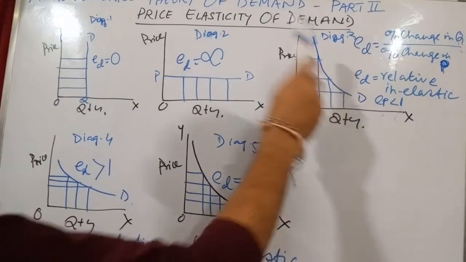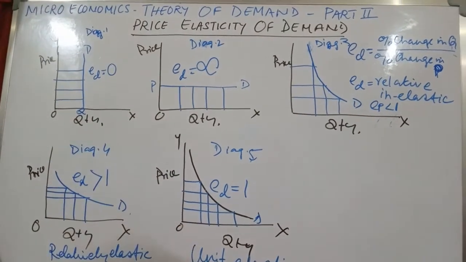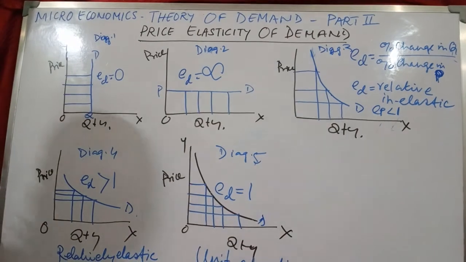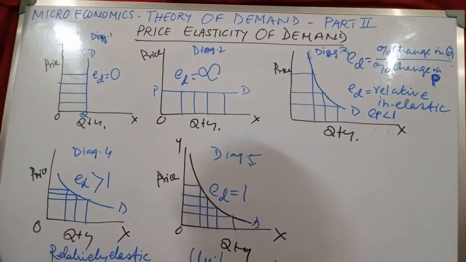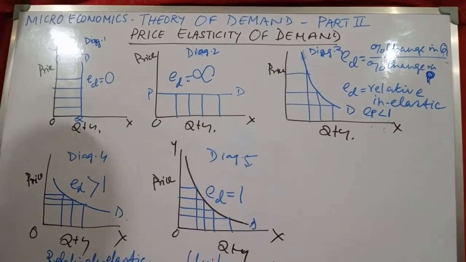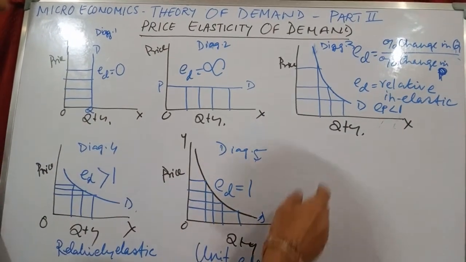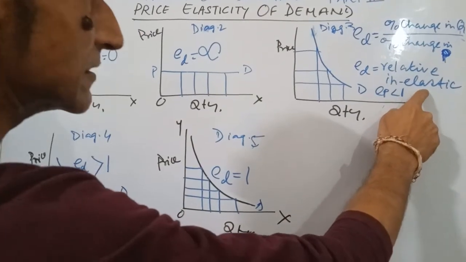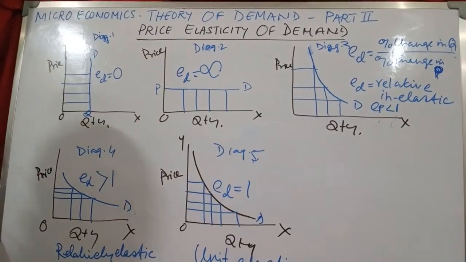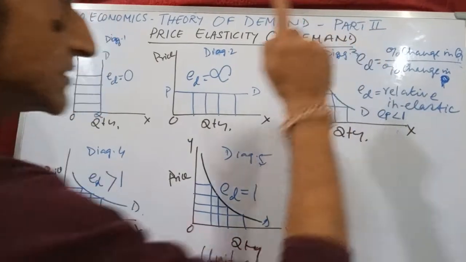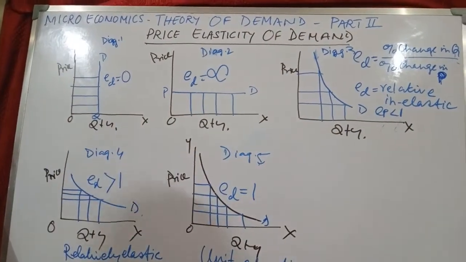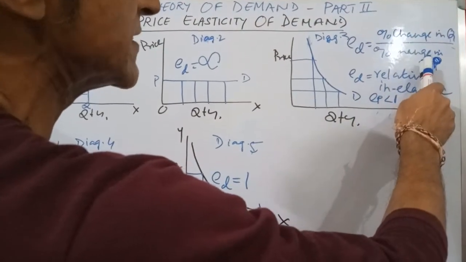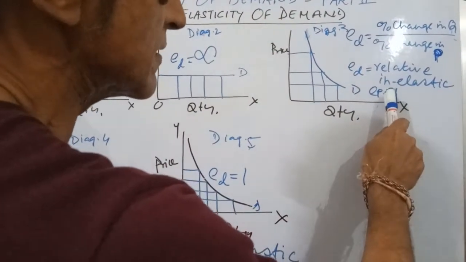In this case, diagram 3, we have drawn a demand curve which is not a vertical straight line but relatively steeper. Here the price elasticity of demand is relatively inelastic. That is, proportionate change in quantity demanded divided by proportionate change in price is less than 1.